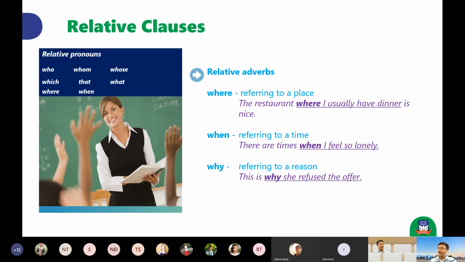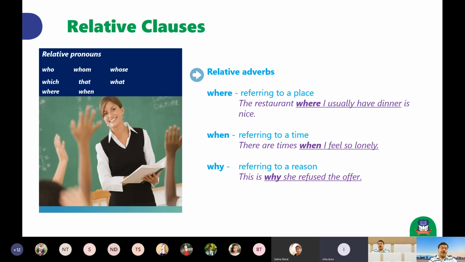Relative clauses are dependent clauses with a defined noun. Example: the girl who is dancing is my sister. Yeah, good, very good.